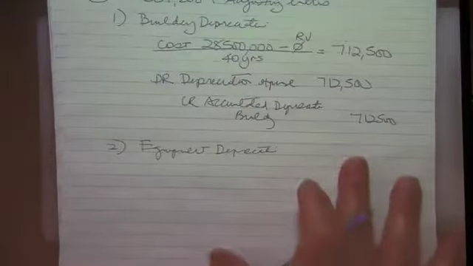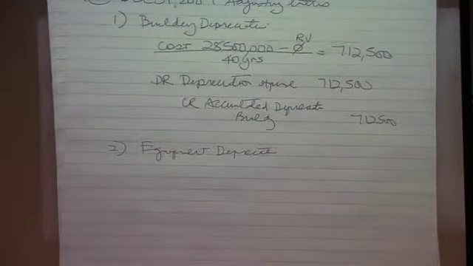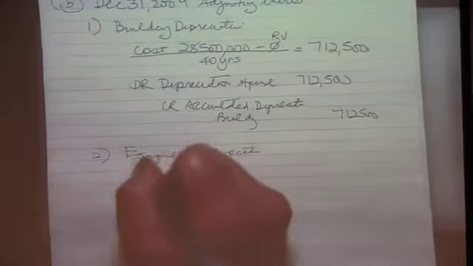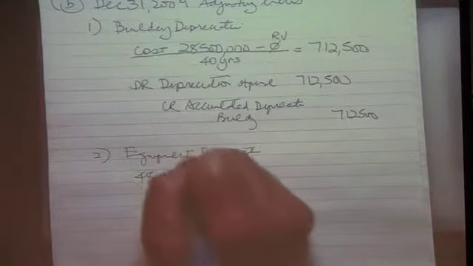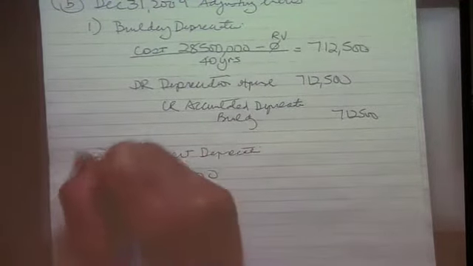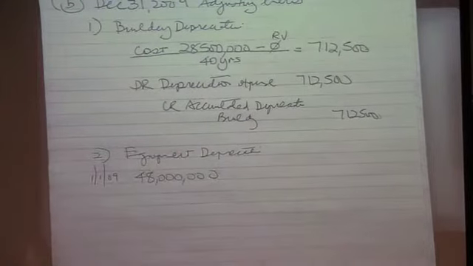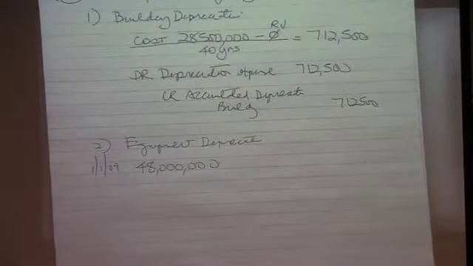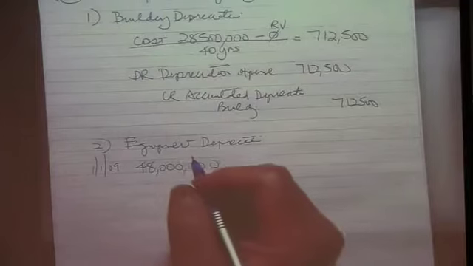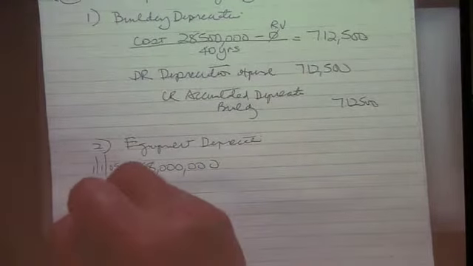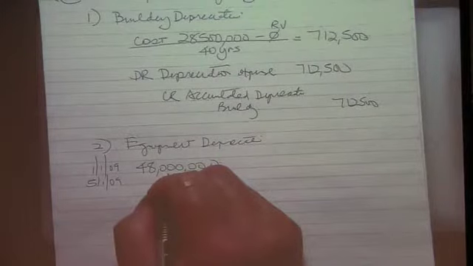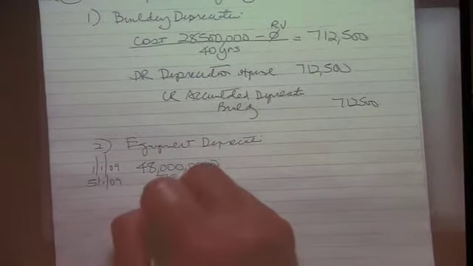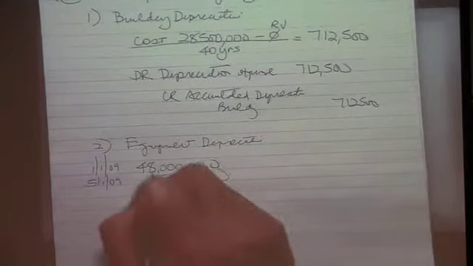The equipment depreciation, okay. So remember, we started the equipment with $48 million. That was the balance on January 1st, 2009. Now, we sold on May 1st, right? So on May 1st, 2009, we sold $750,000 worth of equipment.